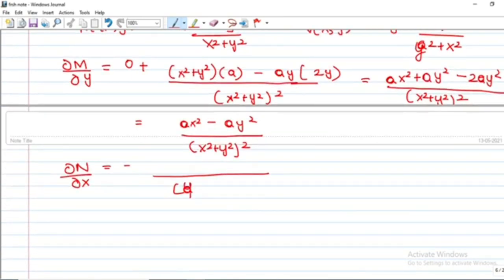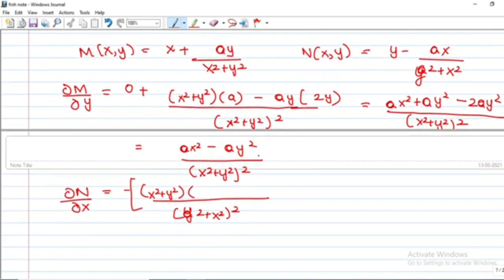So x square plus y square the whole square will be there, and this is outside, minus x square plus y square will be there, and here what we are going to have is this minus ax. If I differentiate, a will be there because minus we have taken outside, minus ax into 2x.